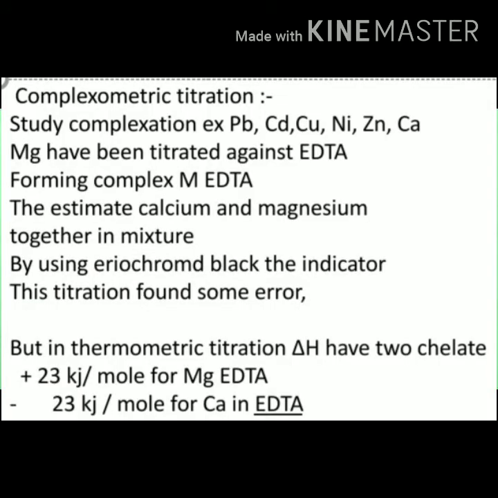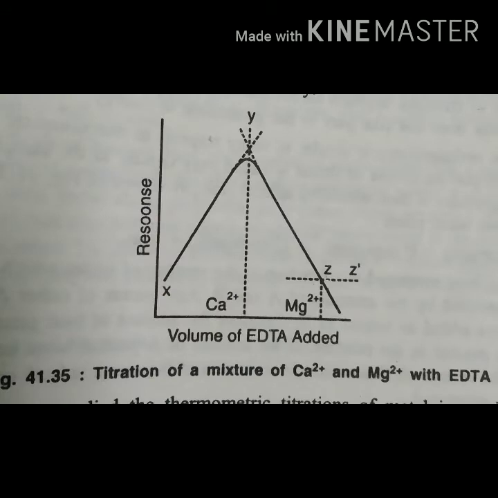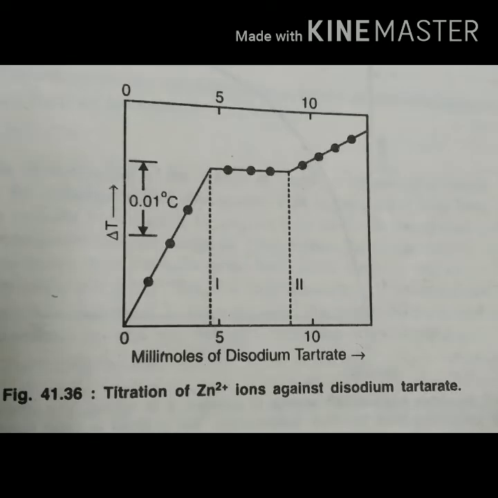Suppose we estimate the calcium and magnesium mixture by standard titration against EDTA using the solochrome black T indicator. With solochrome black T, we take readings two times, but in thermometric titrations, from the graph we can estimate the calcium and magnesium ions at one time. We also estimate calcium and zinc ions.